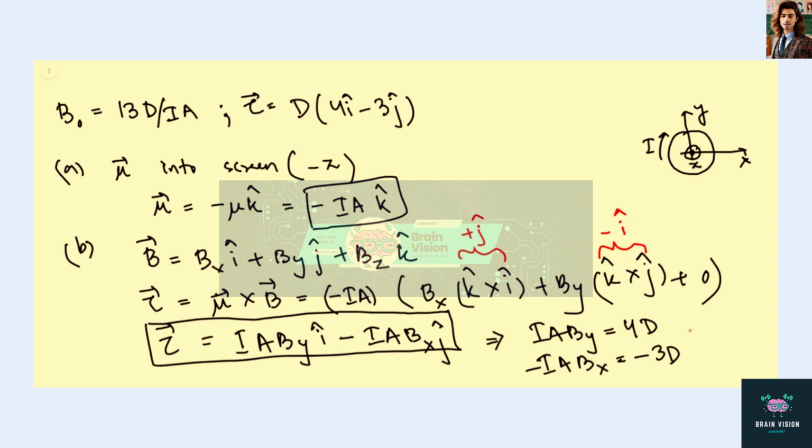So from here we get that By is equal to 4D over IA, and Bx is equal to 3D over IA. Okay, let's just write this on the next page.